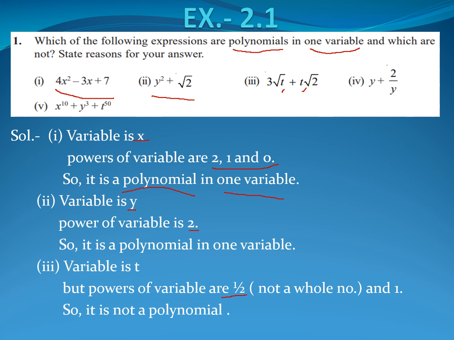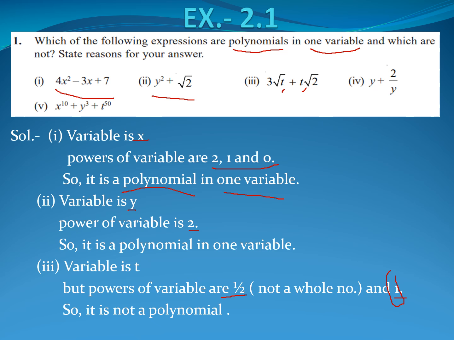Here the power of the variable is 1 upon 2, which is not a whole number, and in the second term the power of the variable is 1, which is a whole number. But here it is 1 by 2, a fraction. Our condition for an algebraic expression to be a polynomial is that the power should be a whole number, but here the power is 1 upon 2.